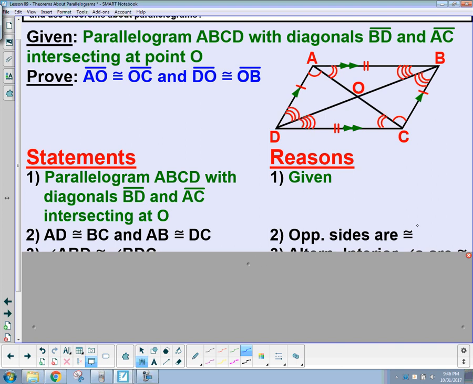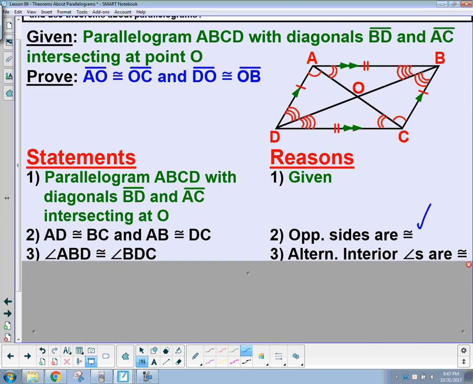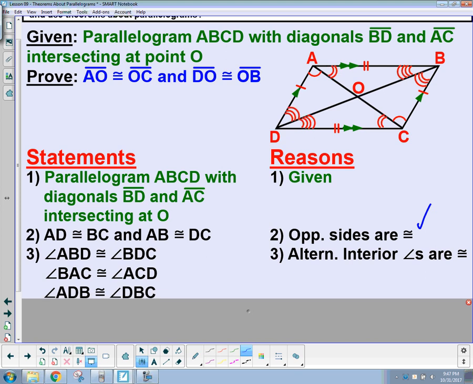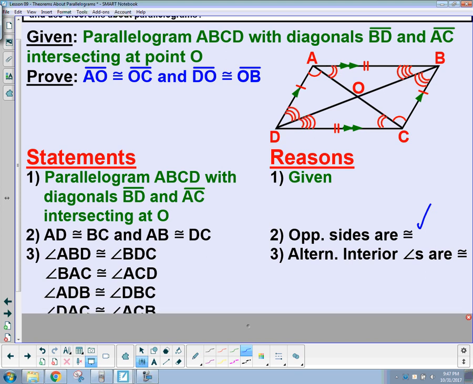And the fact that angles ABD is congruent to BDC and BAC and ACD and ADB and DBC and DAC and ACB are congruent to each other. We're going to argue that they're alternate interior angles congruent. That is a mouthful, excuse me. So I try to make sure my marks are all distinguished.